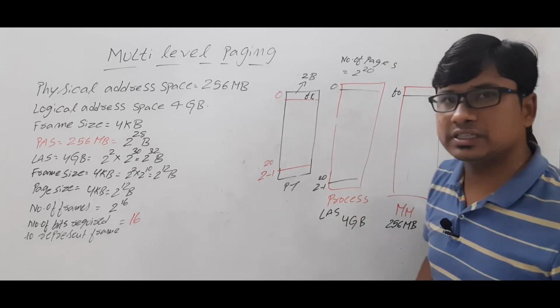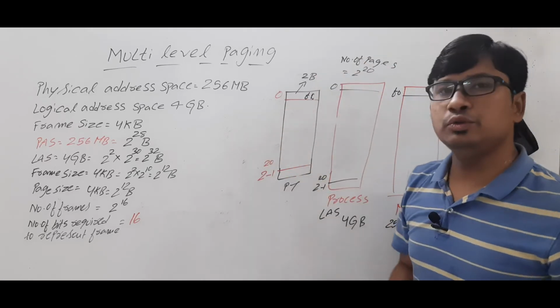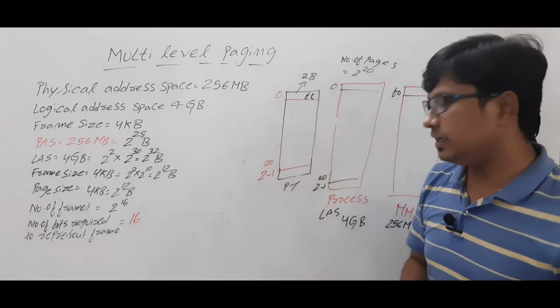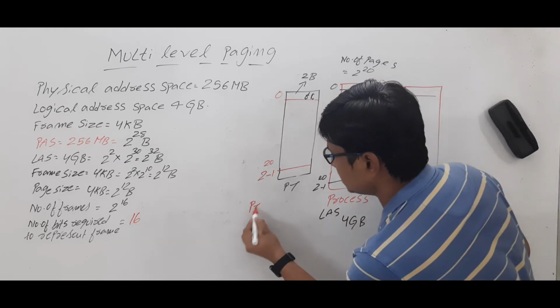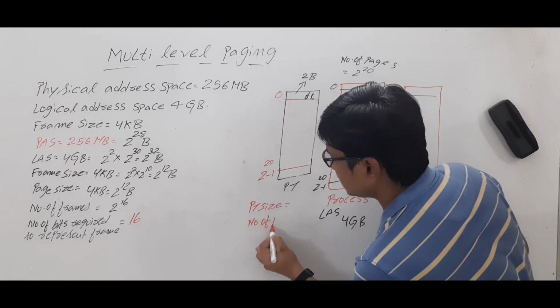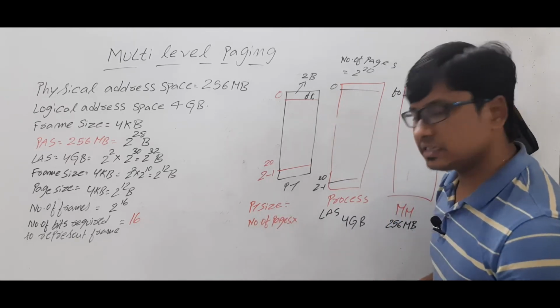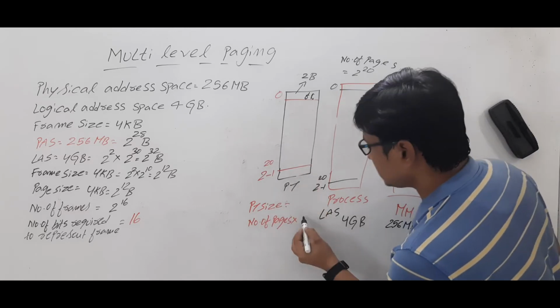Okay, are you able to understand? Each entry size is 2 bytes. Like that, you have 2 power 20 entries. Then page table size is equal to number of pages into entry size. Here the entry size is 2 bytes.